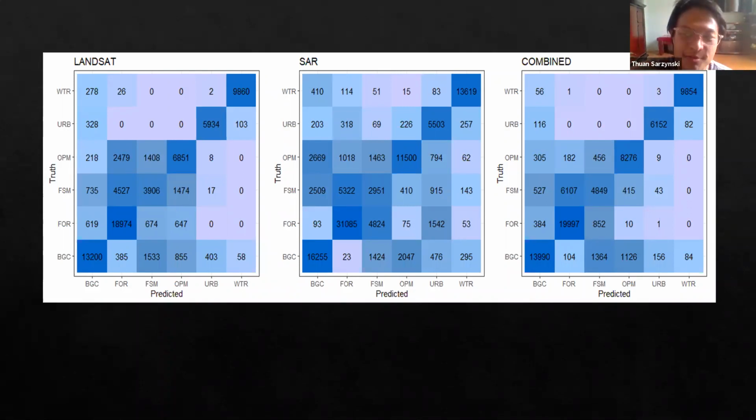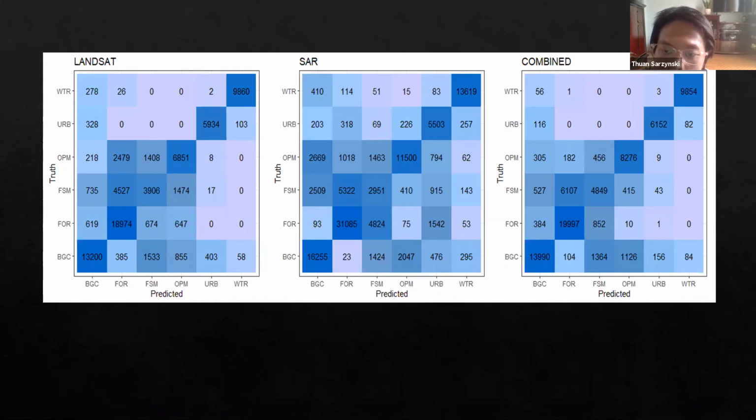And because it's a very specific way of reflecting the waves, the oil palm was confounded with other land covers which had some ground on them, like forest shrub mosaic and also the bare ground crop, I think.